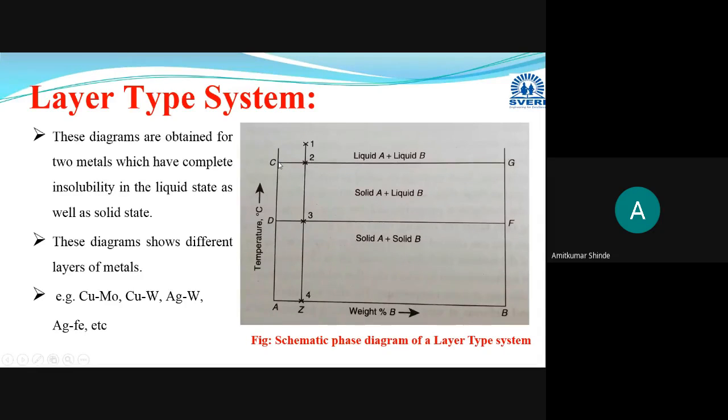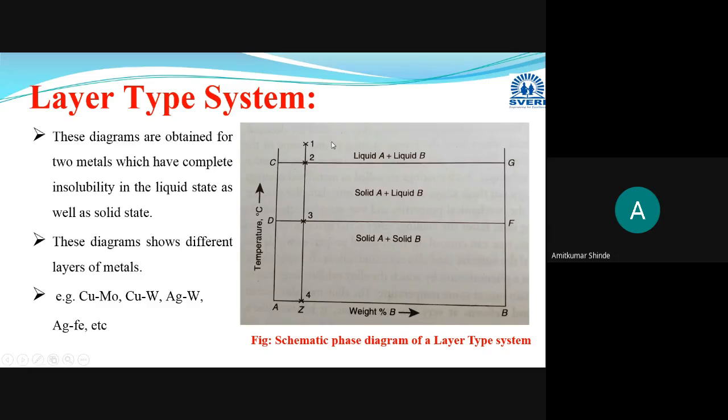Then this line CG, this top line, is the liquidus line. Means above this line, metals or alloys will be in the liquid state, and this line DF, this horizontal line, is the solidus line. Below this line, alloys or metals will be in the solid state only, and in between, the liquid plus solid state will be there.